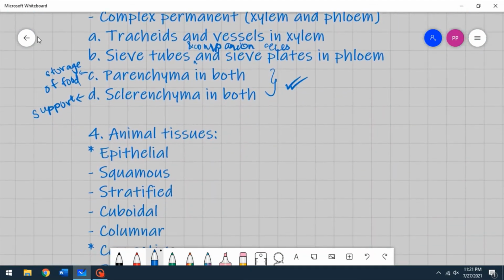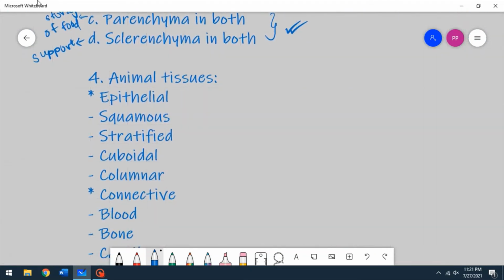Alright, so animal tissues, we have the epithelial tissue, in which we talked about the simple squamous epithelial tissue and the stratified squamous epithelial tissue. And then we talked about cuboidal, in which we saw the occurrence of glandular tissues when the epithelium curves inwards.